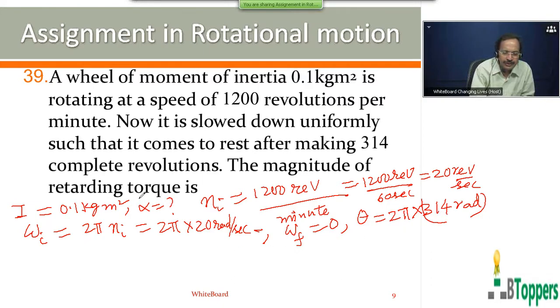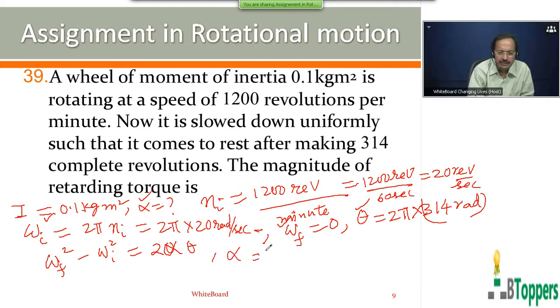So to find alpha, we use the equation of rotational kinematics in terms of these four quantities: alpha, omega i, omega f, and theta, without the time interval. So using the equation omega f square minus omega i square equal to 2 alpha theta, alpha you get omega f square minus omega i square by 2 theta.